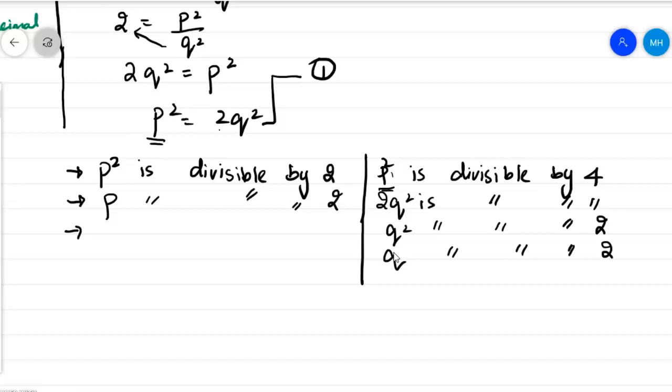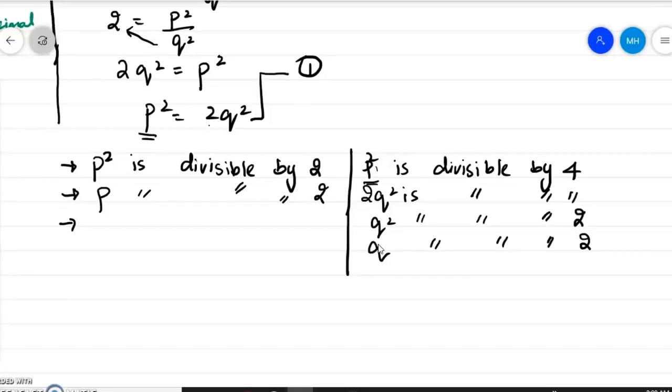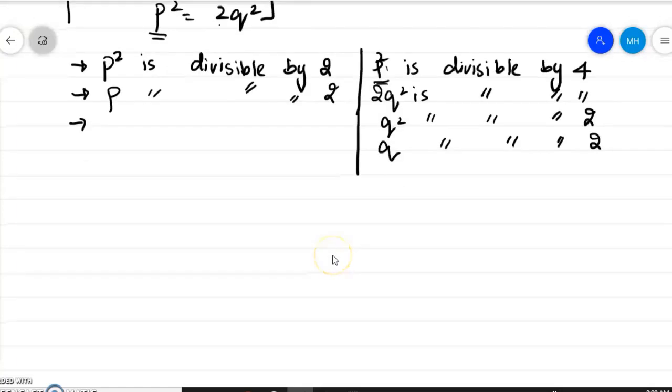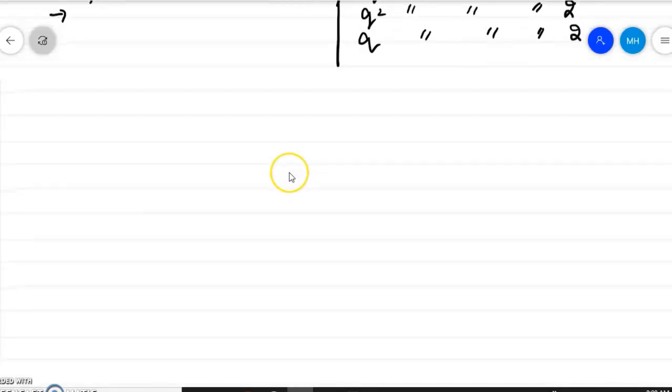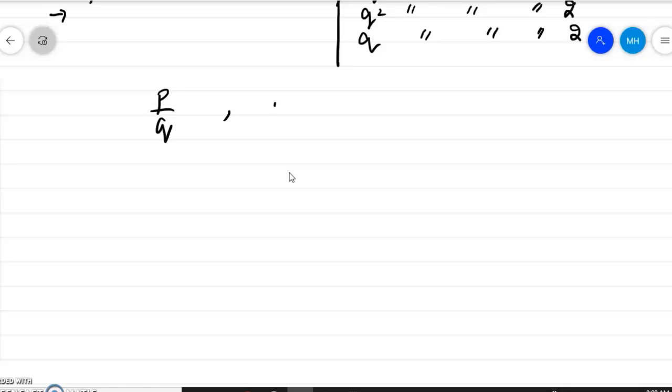Now you can see p is divisible by 2 and q is also divisible by 2, right? As we know, in a rational number p by q there is no common divisor other than 1. We have this information from our previous grades: when we write p by q as a rational number, p and q have no common divisor other than 1.